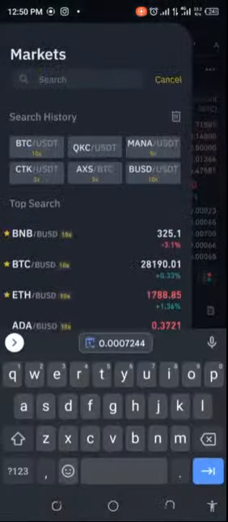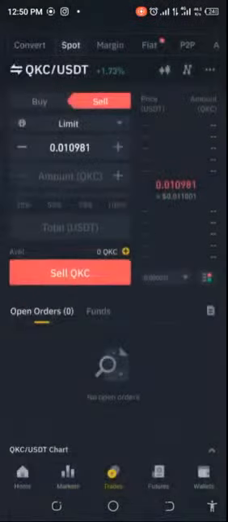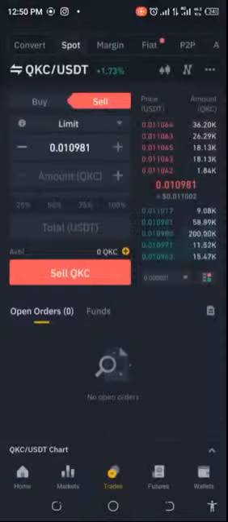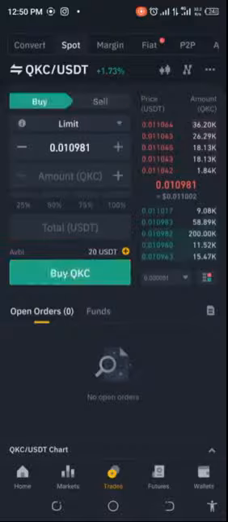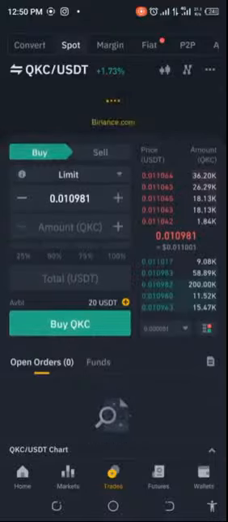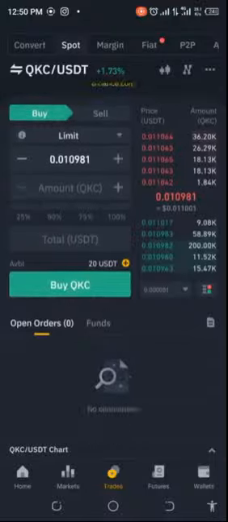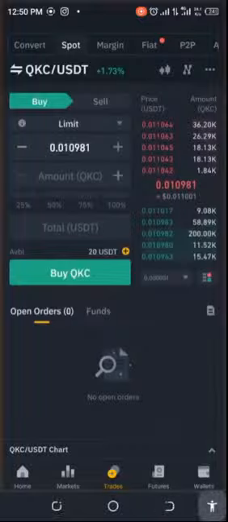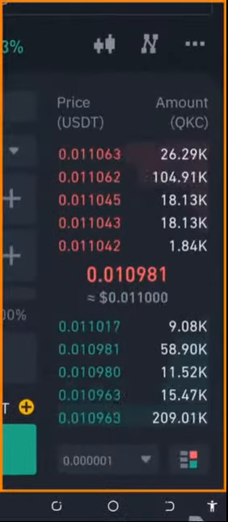You may feel that I'm wasting time doing this, yes, but these are the calculations we need to do, because if we do not do that, that's how losses happen. So what are we going to do here? QKC USDT. Let me reload that again. I'm just going to use all the market order prices.